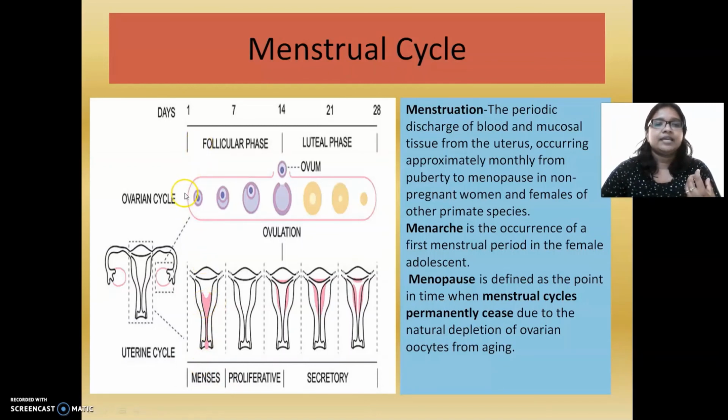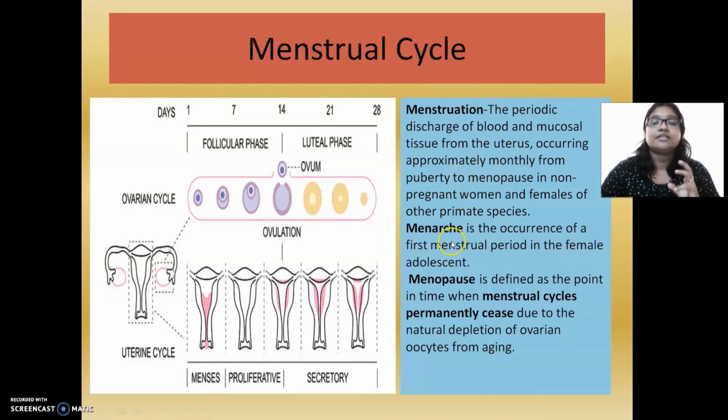See here also, in the follicular phase, the beginning phase, you could see the monthly flow of blood, and that process which occurs in case of female starting from puberty, we call menstruation. That is a periodic discharge of blood and mucosal tissues from the uterus, which occurs every month starting from puberty.